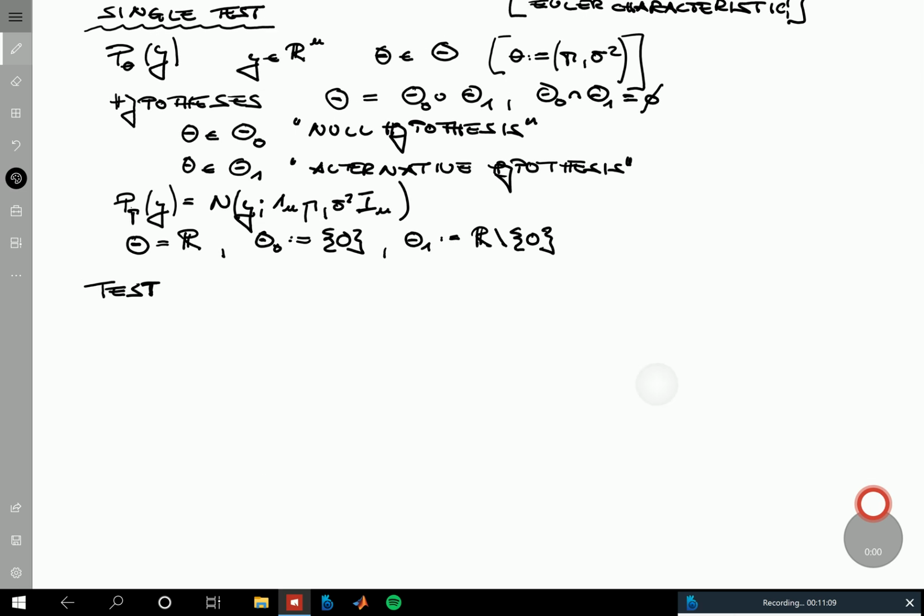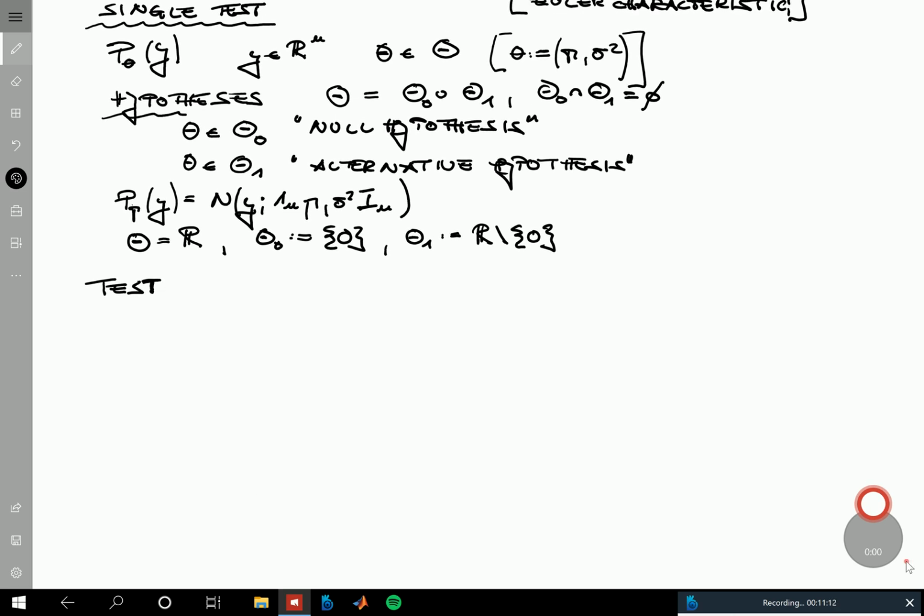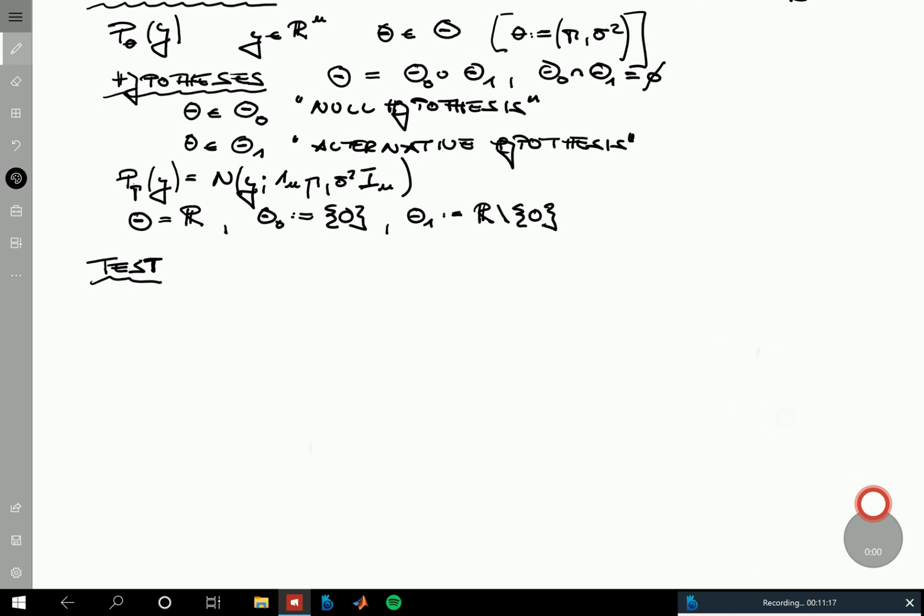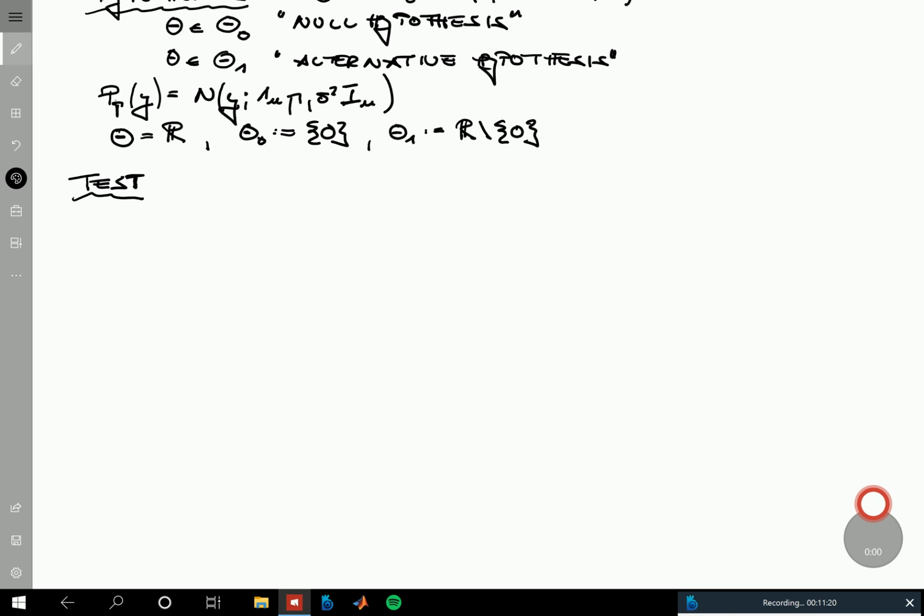Then next we establish the notion of tests, and a test in all its generality is just a mapping, which I here, maybe I stopped this, always expressed with respect to the random variable data, a mapping that takes a data set, so an n-dimensional vector, and maps that onto an element of the set {0, 1}.